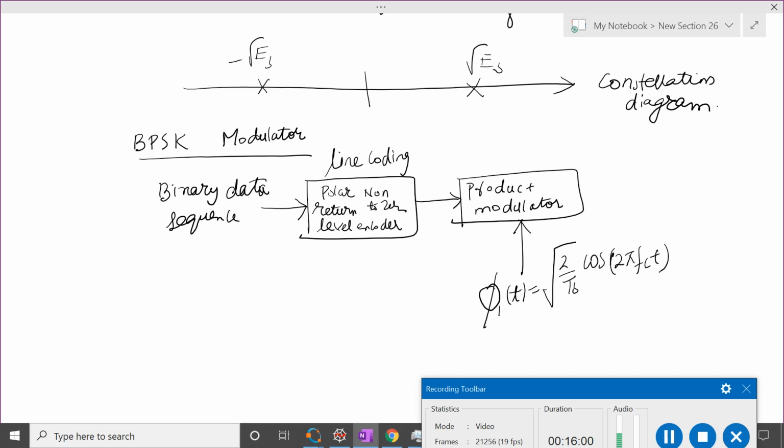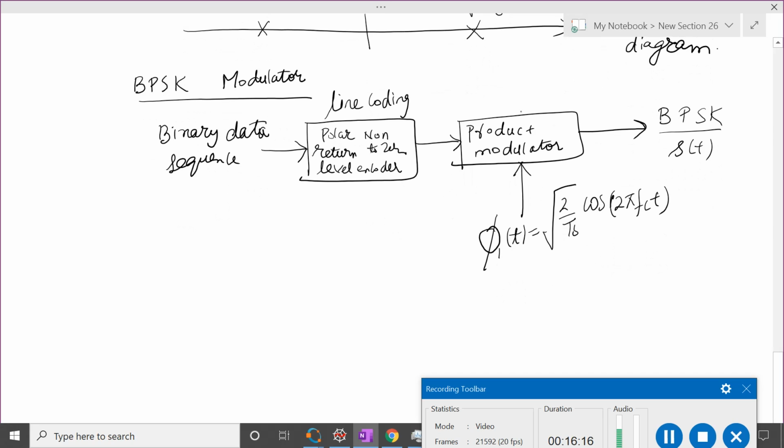It is a unit energy signal, and I will get the output BPSK, binary phase shift keying signal, represented by S of t. Very simple modulator. Here you can use any product modulator you might have studied, any DSBSC modulator.